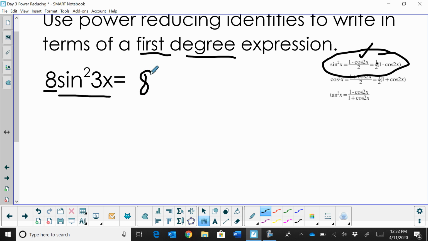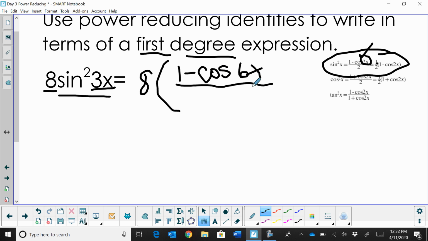So we've got a coefficient of 8. I'm just going to write that on the outside, and I'm going to use substitution to replace my sine squared. This is going to be 1 minus cosine, and I have to use a double angle. So when you power reduce, you're going to double your angle. So instead of being 3x, this is going to be doubled to 6x all over 2.